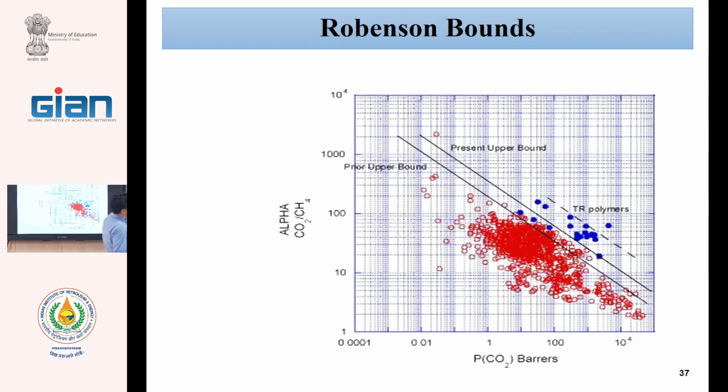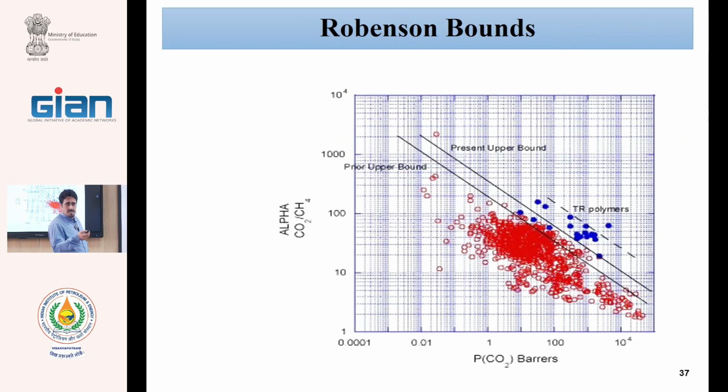And we have seen that we have this bound. This one is the previous or old Robeson bound, and the right is the new Robeson bound. When we research in the lab, the best membrane is the one located to the right of this bound.